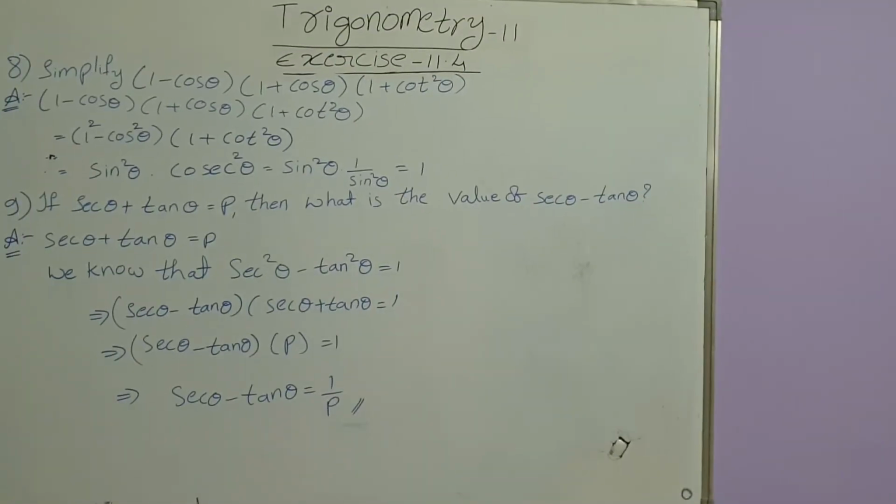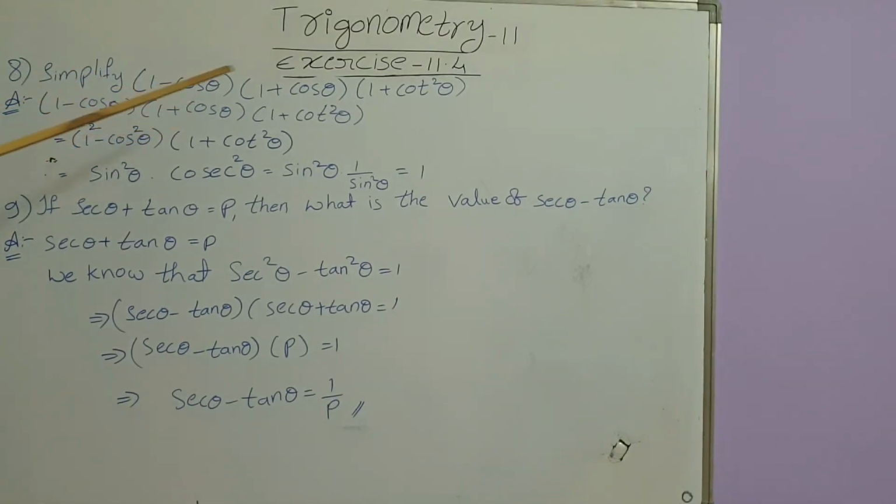In this 8th question, simplify (1 minus cos theta) into (1 plus cos theta) into (1 plus cot square theta). Now see these two terms, (1 minus cos theta) into (1 plus cos theta) is (a minus b) into (a plus b), so a square minus b square. 1 square minus cos square theta is equal to 1 minus cos square theta, which is sin square theta.